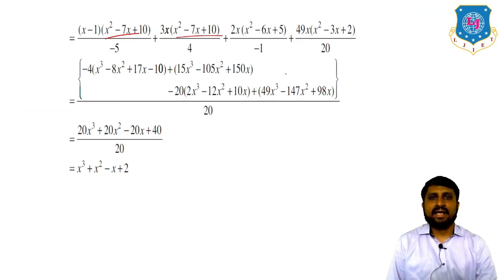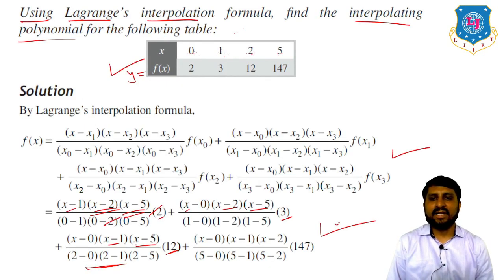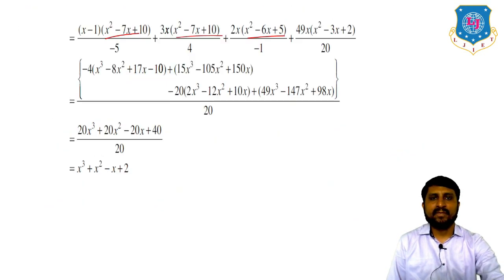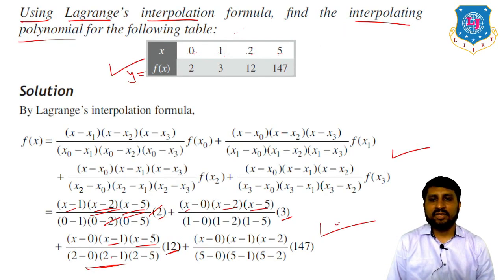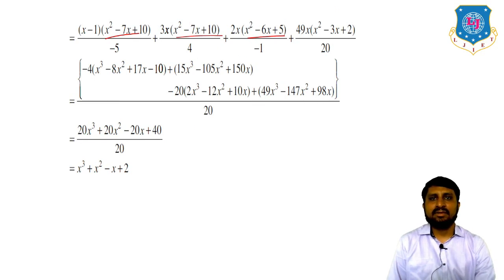Okay, so x square minus 6x plus 5, sorry, plus 5, and into 2x, because in the denominator you have 2, 1 and minus 3, so minus 6 into 12. In the numerator you have 12. So minus 1 as it is. Here you have 2 and x. Clear? So this is 2 and minus 1 as it is here.